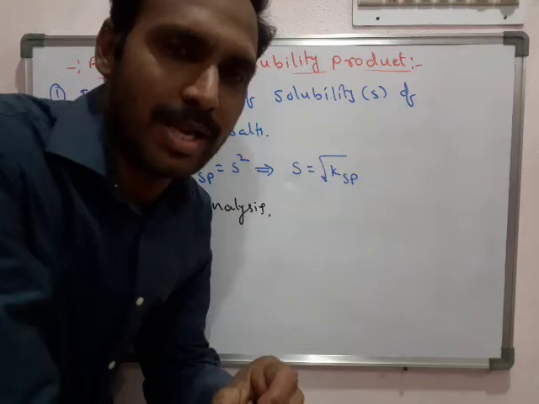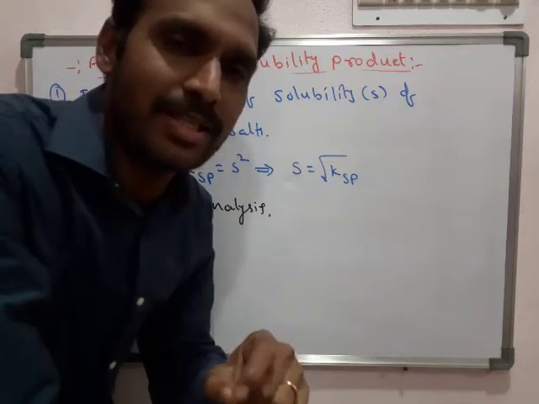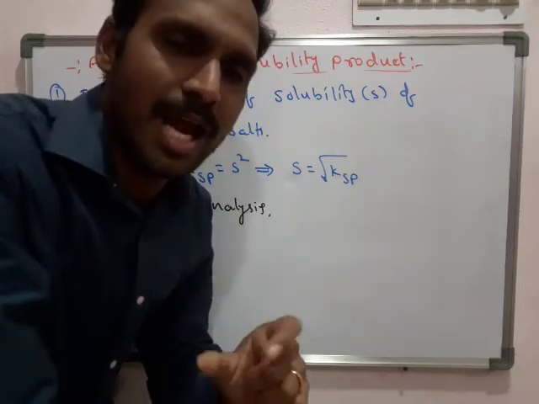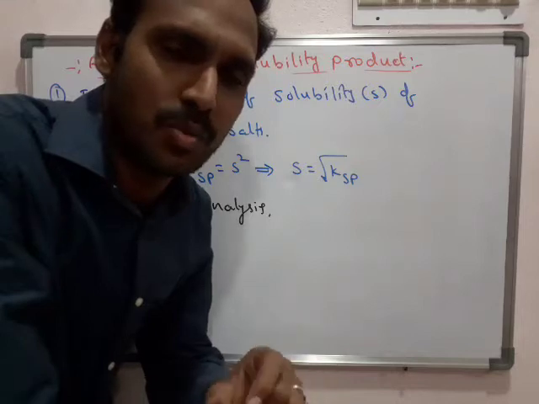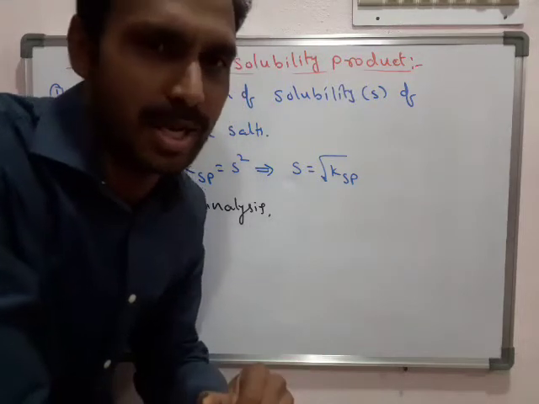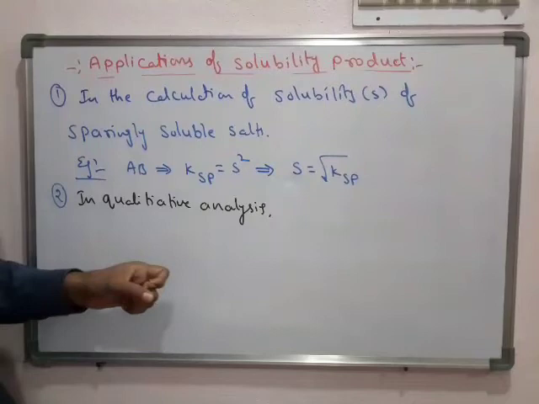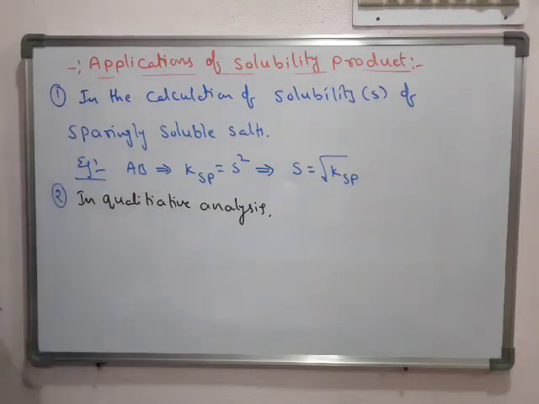Qualitative analysis means finding the cations and anions and the separation of the salts is known as qualitative analysis. Okay, in qualitative analysis, the value of solubility product is of very high importance.